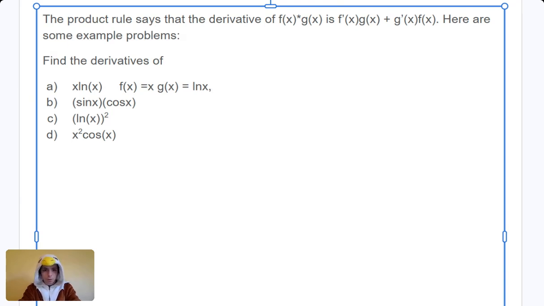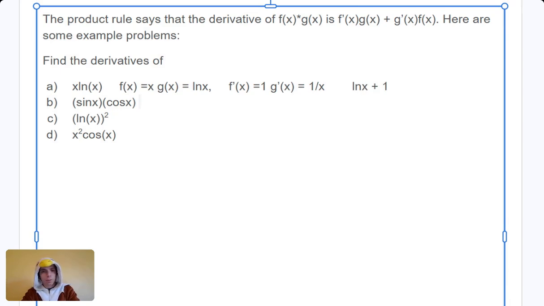Now, f prime of x equals 1, and g prime of x equals 1 over x. So if we use the product rule expression f prime g plus g prime times f, we get the derivative is ln of x plus 1.